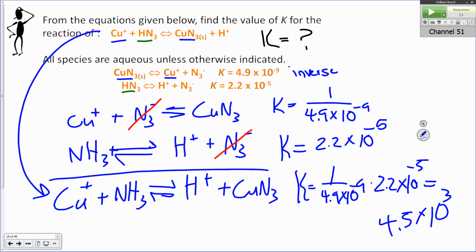Okay. Now, I tell you that what makes these somewhat challenging sometimes is if you get a whole table of Ks, and it's finding out what two things do I put together to create the K for the thing that I don't have. If I give you two Ks, in this case, you know you had to use those two in some way, so you can figure out how to manipulate those.